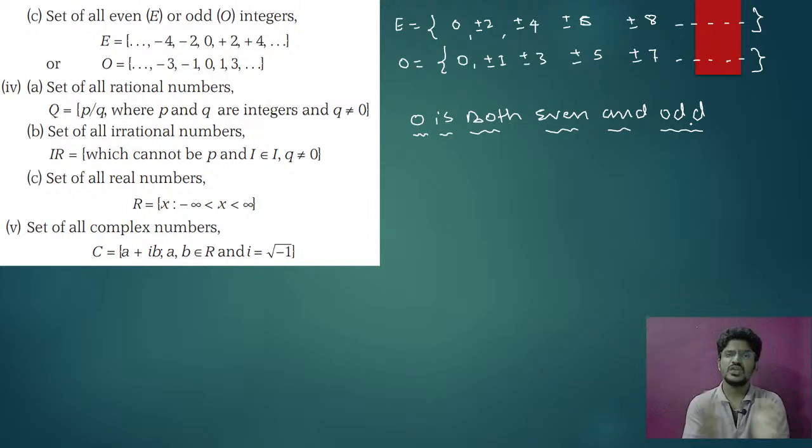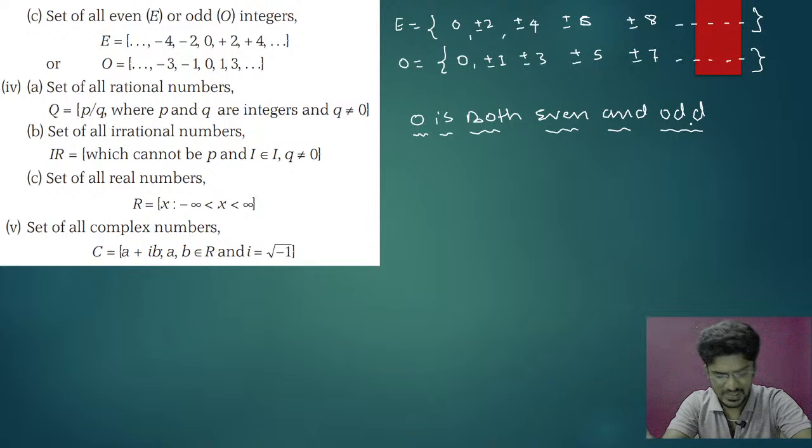So here you can see a simple concept, that is 0. 0 is both even and odd. These small concepts make you a very knowledgeable person. That's why I say please attend the classes. You may not be interested in JEE Mains or engineering, but you must have some basic concepts in your mind.